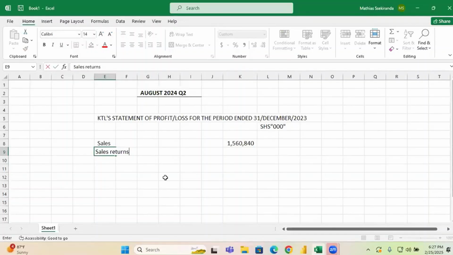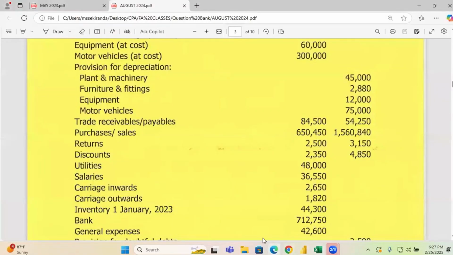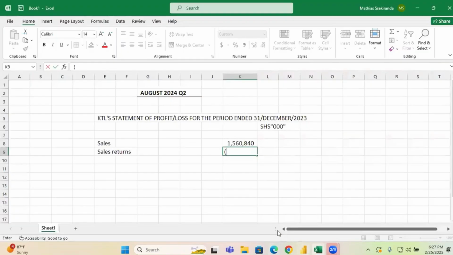Sales returns, you remember we did our first number last time. I gave you all the details that should be in the profit or loss statement. Now, sales returns were given as returns, and they are giving us both a debit and credit. And we agreed sales returns are always debits because they reduce sales. Sales are always credits.